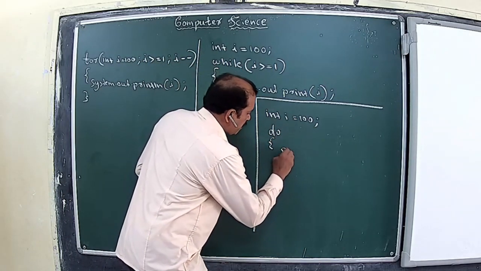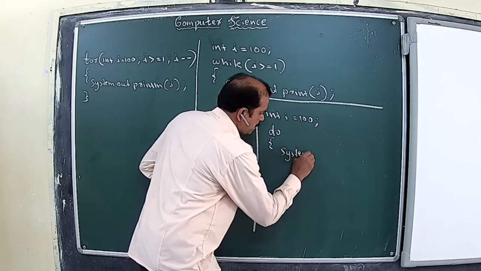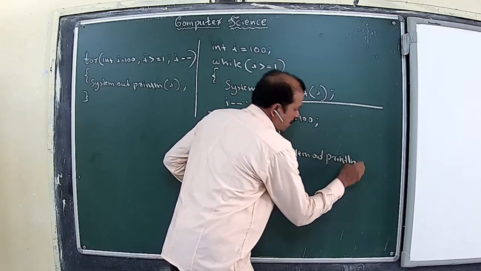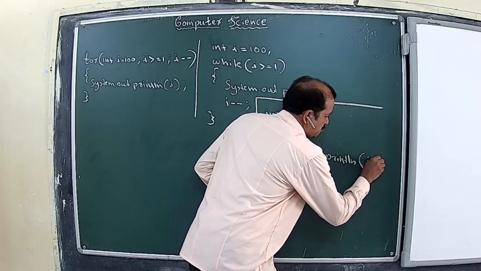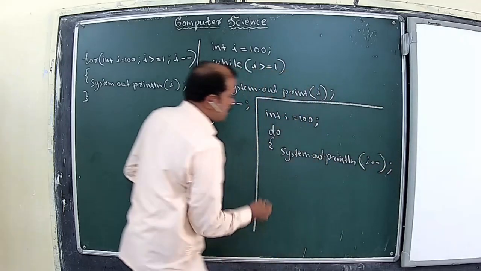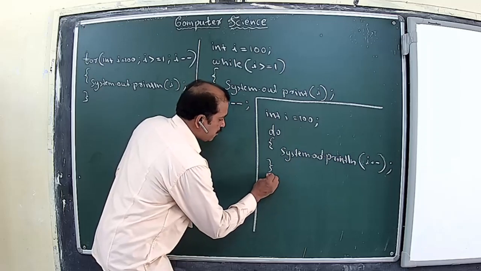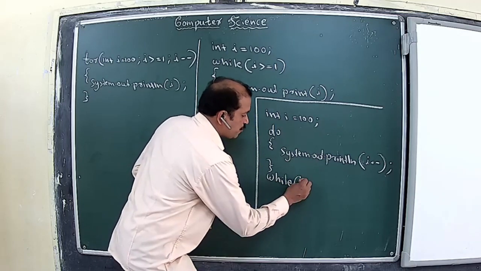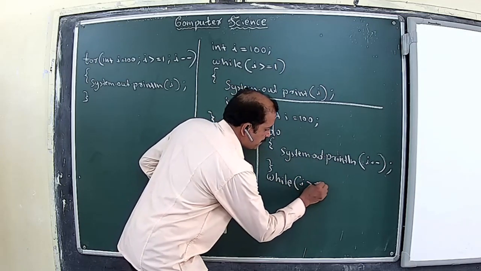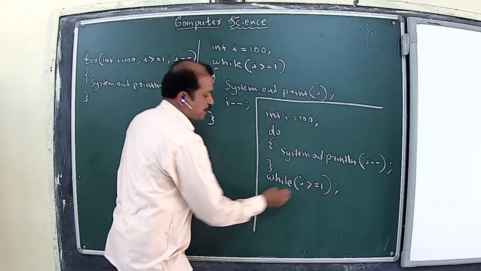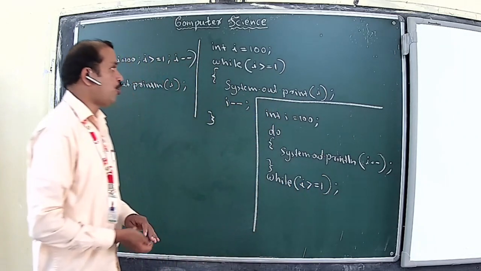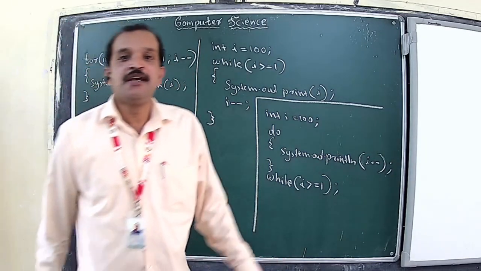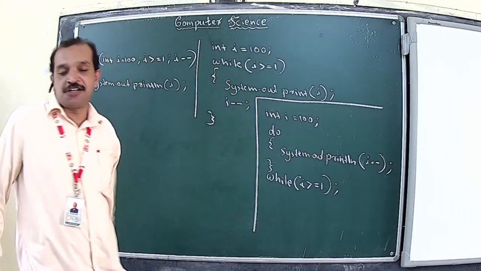As part of the loop body, we will give the print expression, and this time we will write I--, and at the end of the loop, after the loop body, we will give the test expression I >= 1. All right. So this is how one loop can be converted to other different loops.